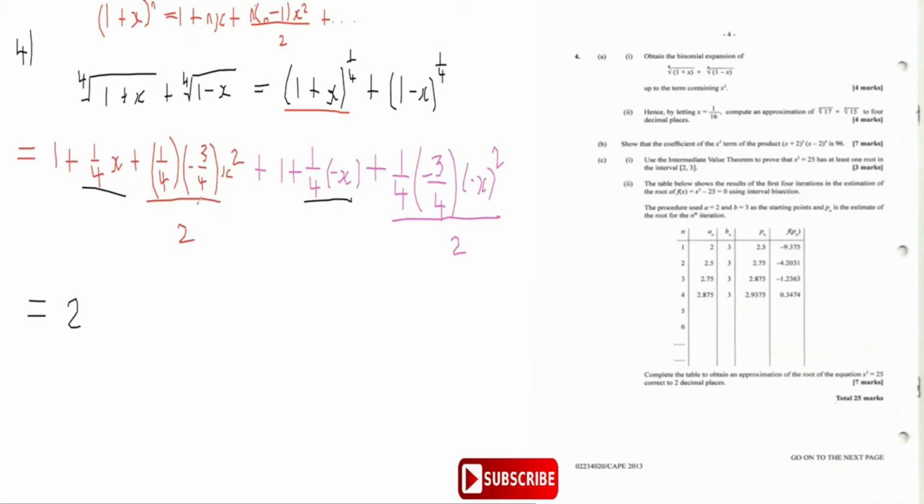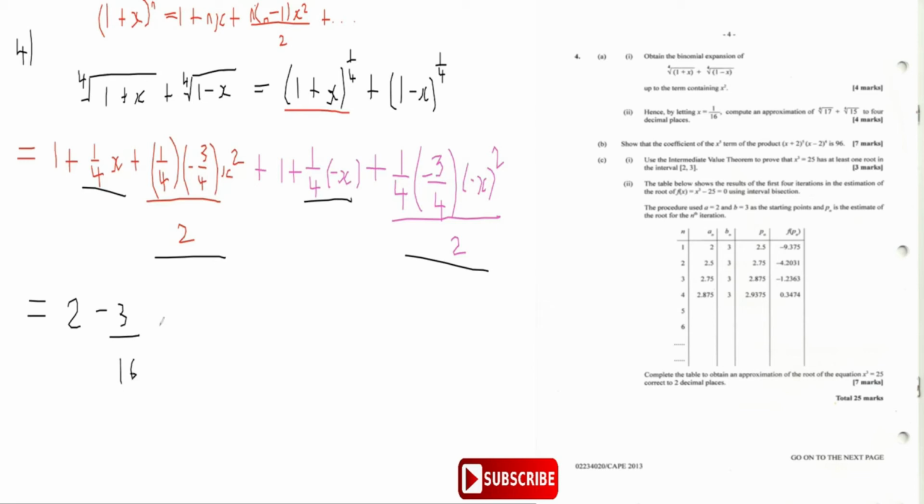This is minus 3 over 32. And you're going to get minus 3 over 32 here as well. So you're going to get 2 times that, which is minus 3 over 16. So those two adding together give us minus 3 over 16 x squared.